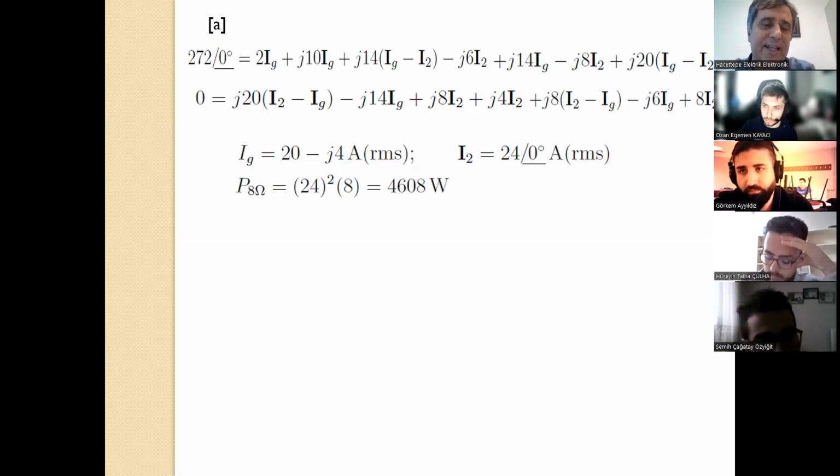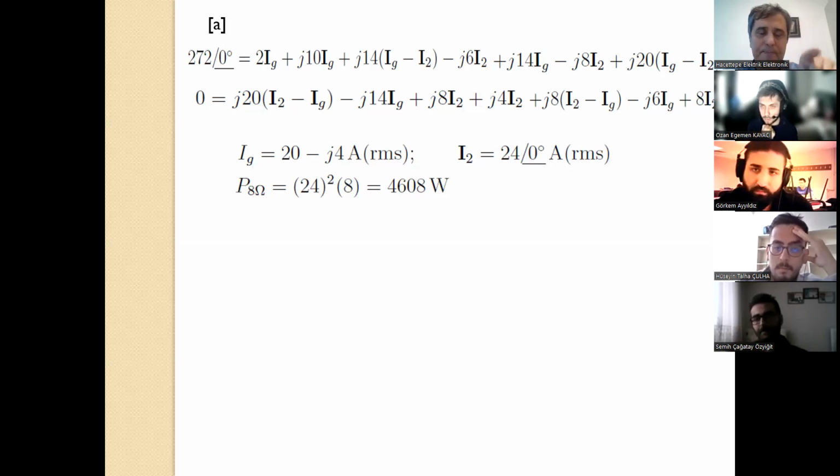So this is not the case for this particular example. All you have to do is just write the equations. We don't put the turns ratio into the calculation for this particular example.